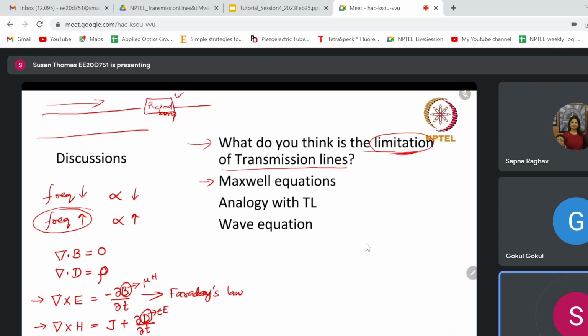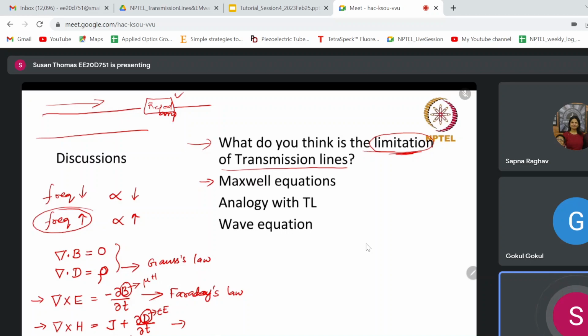So these equations were already given by several scientists. Say the second equation, del dot D is equal to rho, had been given by Gauss law, and both of these are given by Gauss law. And this equation, del cross H is equal to J, was the contribution from Maxwell. Maxwell added this second term.